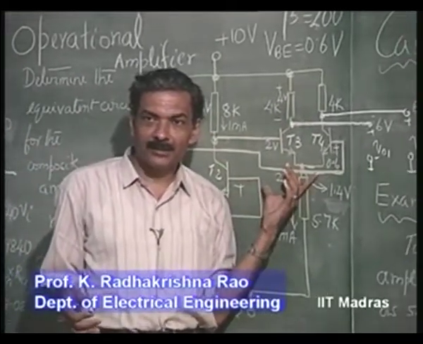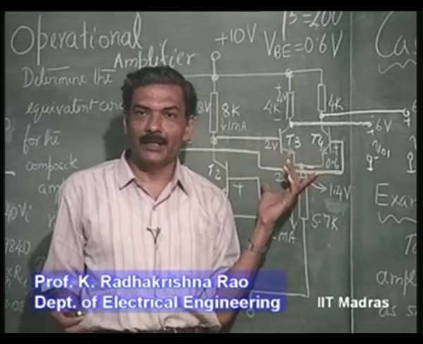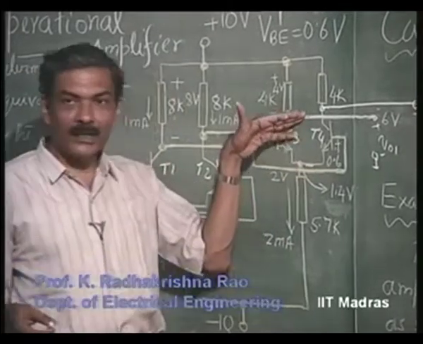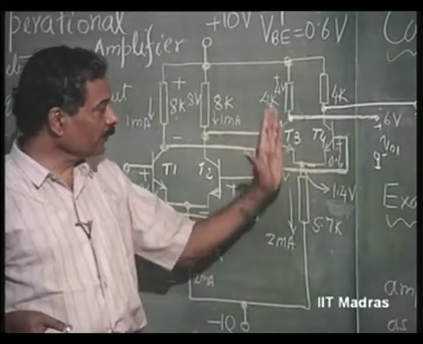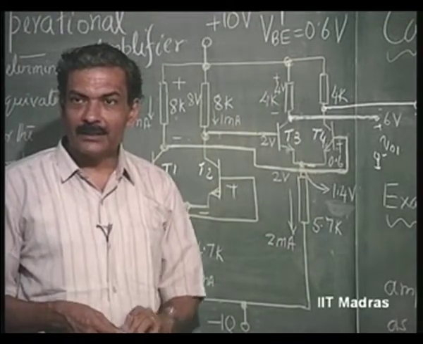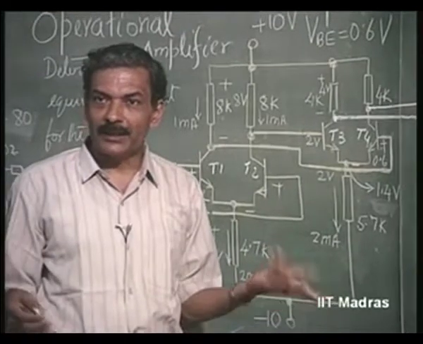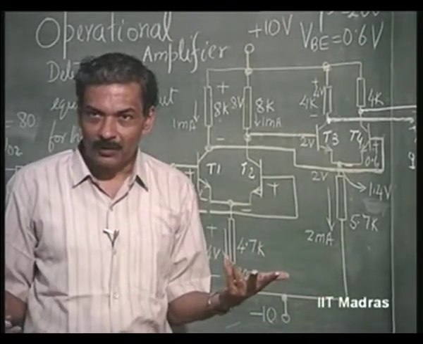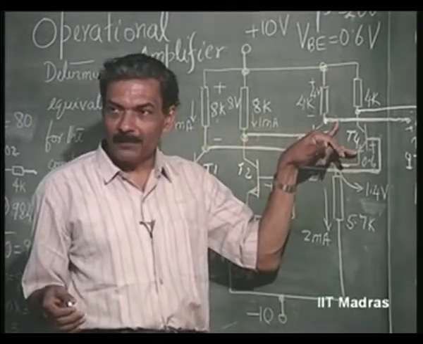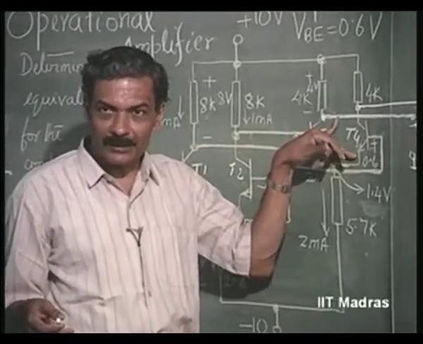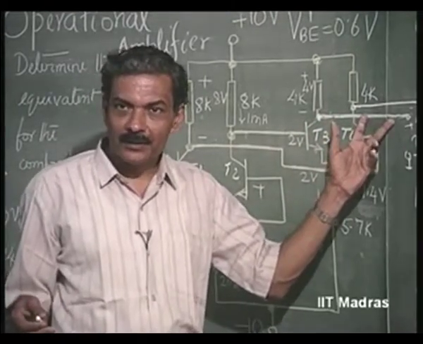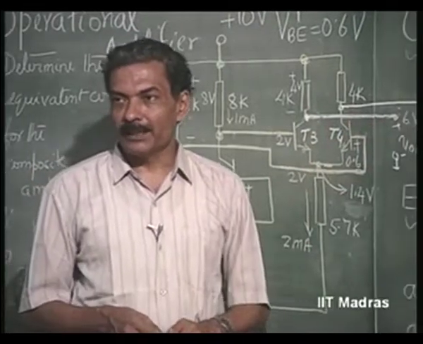So, this is going to give you a symmetrical swing of how much? For single ended output, you can get a swing of 8 volts peak to peak, or 16 volts peak to peak for the differential mode operation. Is this clear? This gives you a peak to peak swing of 8 volts for single ended operation or 16 volts for differential operation without any problem, symmetric swing.